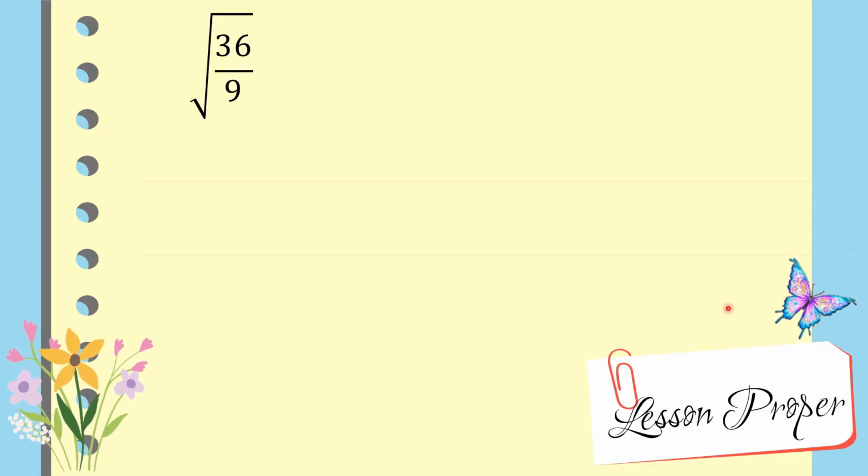Next, can you give the answer for the square root of 36 over 9? There are two possible ways of simplifying this. One would be by dividing 36 and 9. 36 divided by 9 is 4. So square root of 4 is 2.